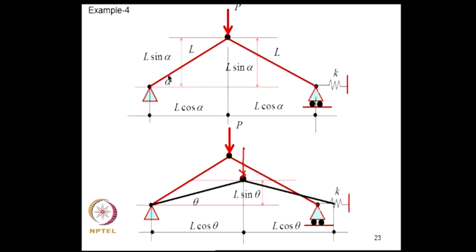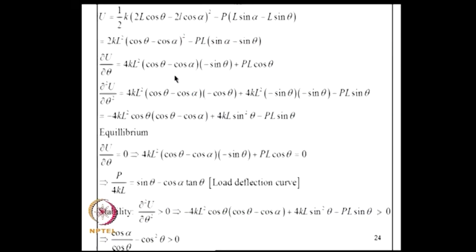Alpha is the angle that this link makes to the horizontal when p is 0, whereas theta is the angle made by the link to the horizontal when p is not 0. So, theta is the generalized coordinate, whereas alpha is the parameter of the problem.